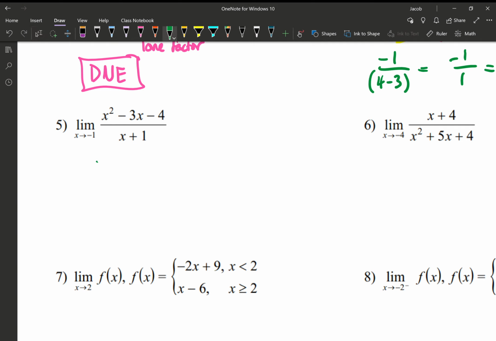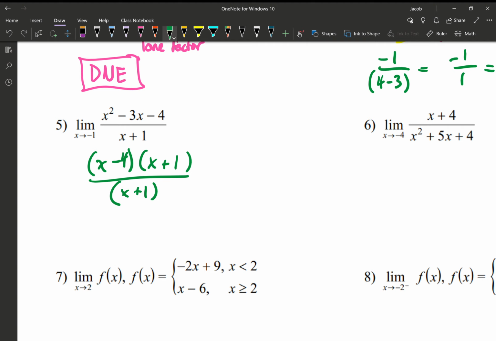This already looks a little shady because there's only one factor in the denominator. Sorry, hold on. There we go.